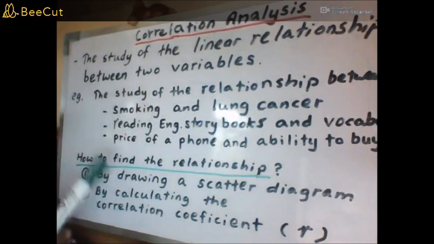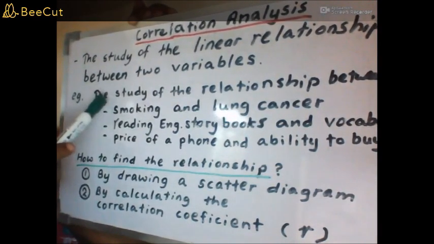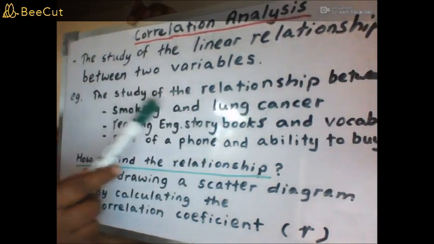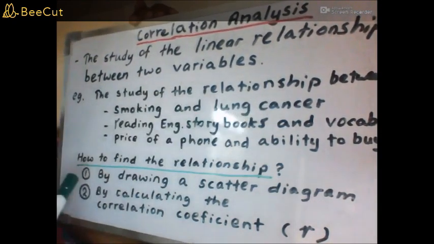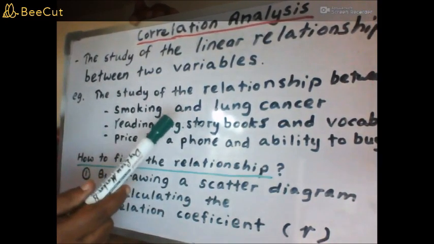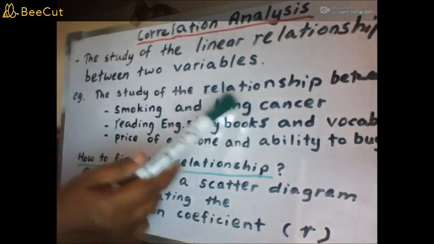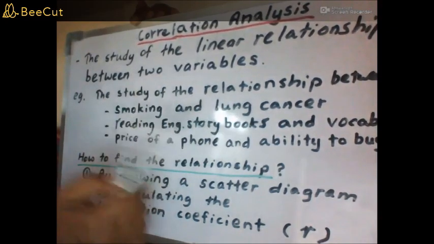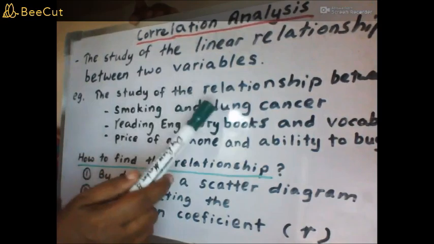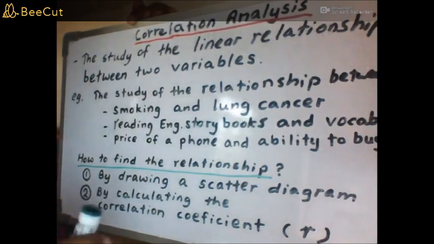For example, we can study the relationship between smoking and lung cancer. Smoking cigarettes and the opportunities to develop lung cancer. We check whether there is a relationship, connection between smoking cigarettes and ability to get lung cancer.